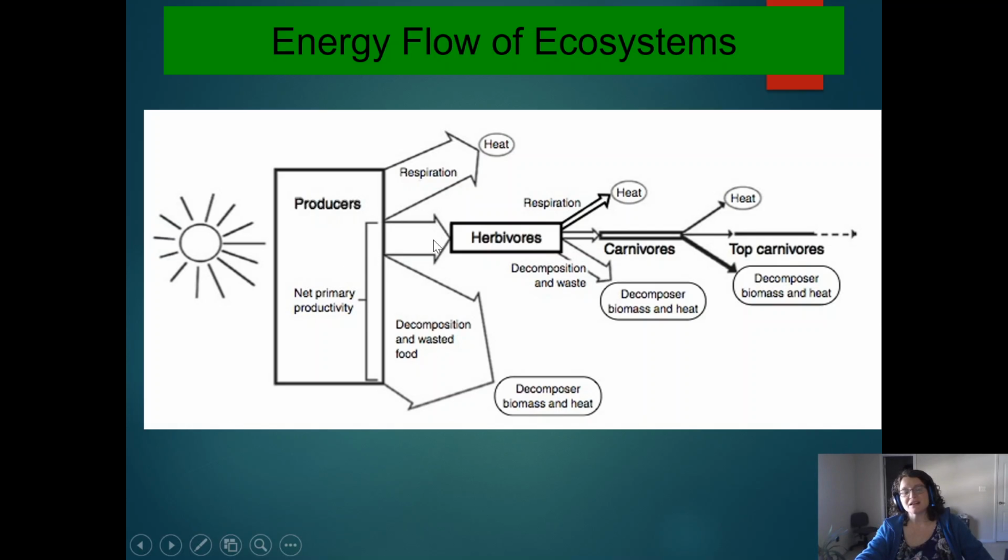About 10% of its NPP is eaten by herbivores, okay? Is eaten by herbivores overall, and then a lot of that's lost to heat, a lot of that's lost to decomposition and weight. Only about 10% of those herbivores' biomass makes it to carnivores.